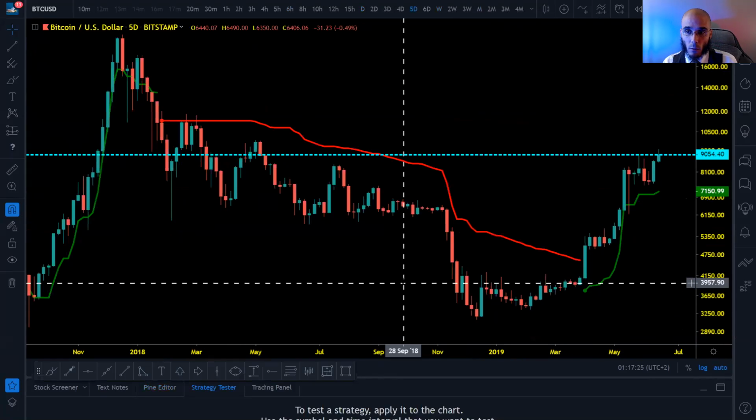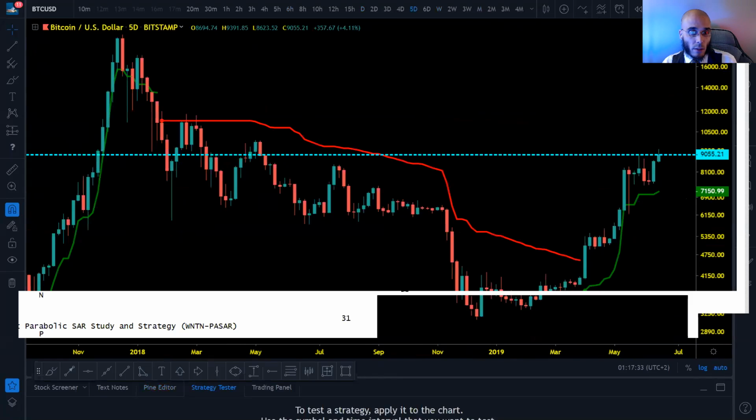Your stop loss now is higher. Your stop loss from Chandelier went up to 7,150 this week. It was lower last week.